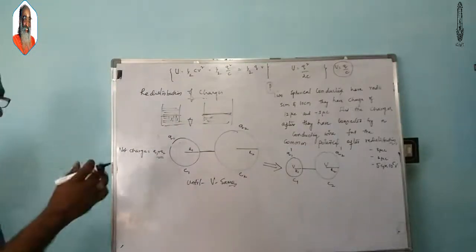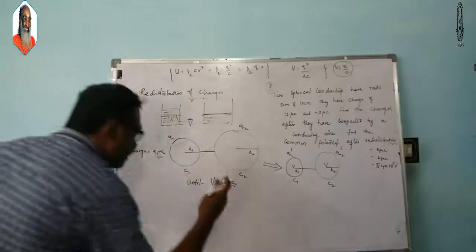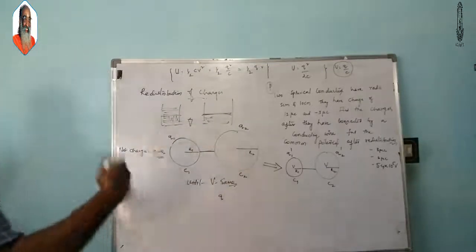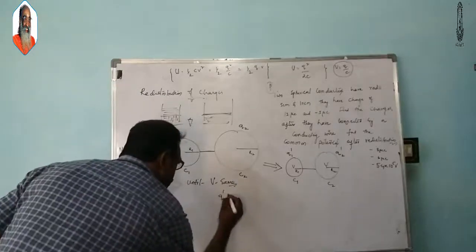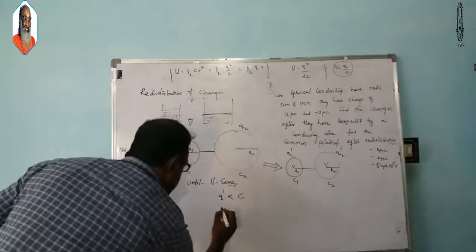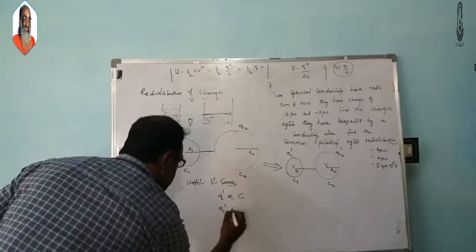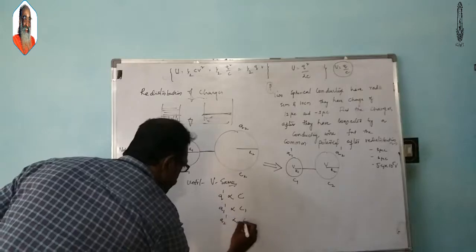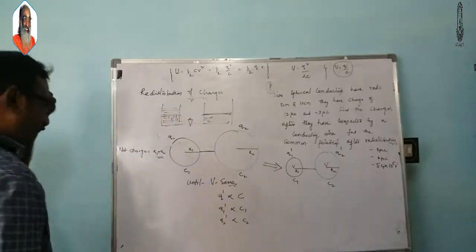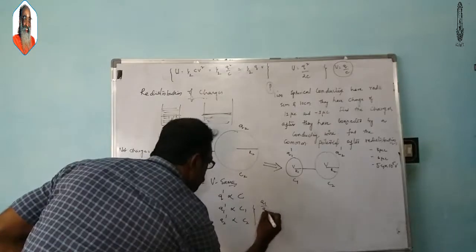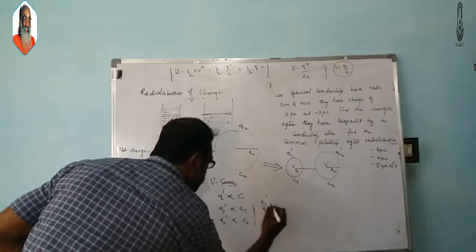Whether it is Q1 or Q2 or Q3, whatever it is, it depends upon the capacitance. So Q1 dash is proportional to C1 and Q2 dash is proportional to C2. From this we can write Q1 dash by Q2 dash is equal to C1 by C2.